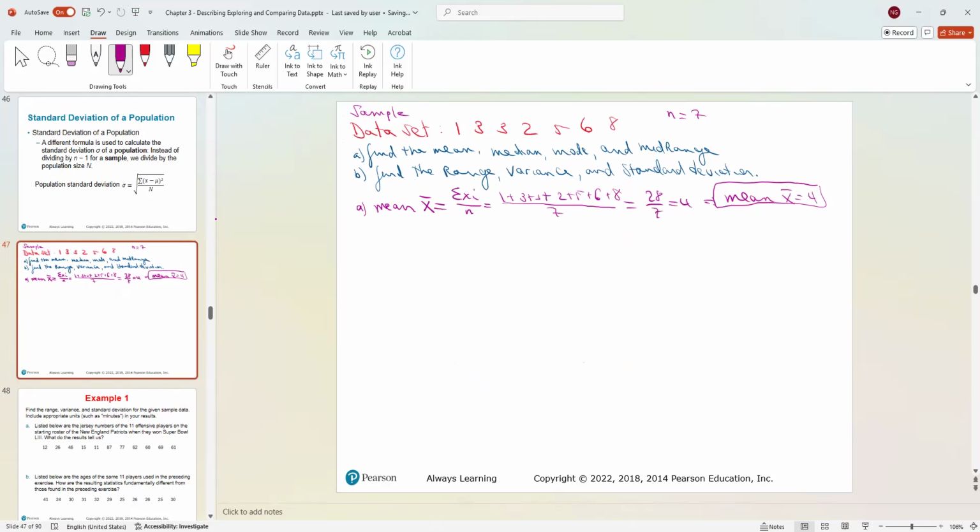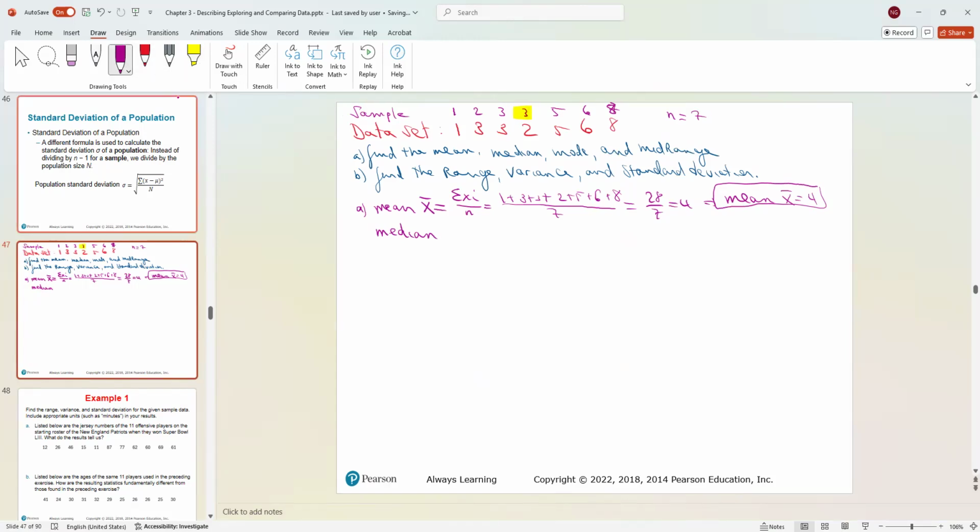We can also find the median. In order to find the median, we must reorder our data from the smallest to the largest. Let's reorder it: 1, 2, 3, 3, 5, 6, 8. The data that's exactly in the middle is the median.